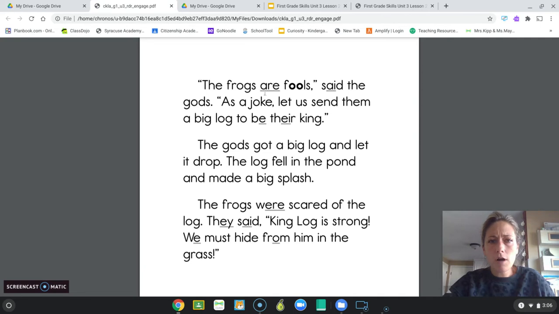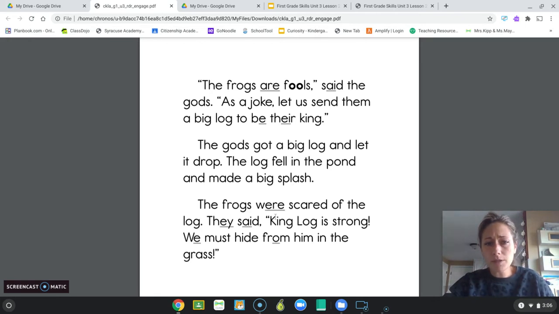"The frogs are fools," said the gods. "As a joke, let us send them a big log to be their king." The gods got a big log and let it drop. The log fell in the pond and made a big splash.